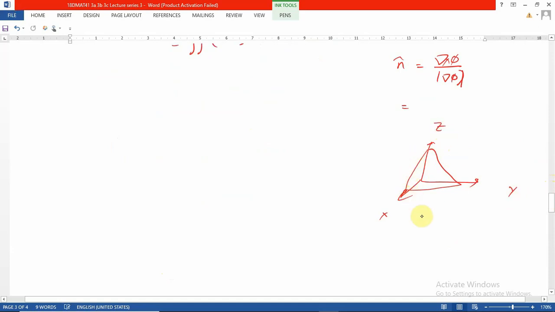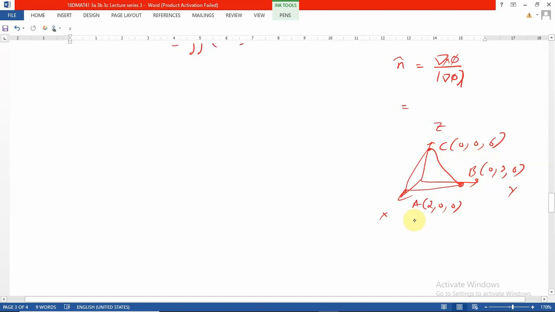At point A I will take (2, 0, 0), at point B I will take (0, 3, 0), and at point C I'm going to take (0, 0, 6). So here very easily we can calculate what n cap is, students.